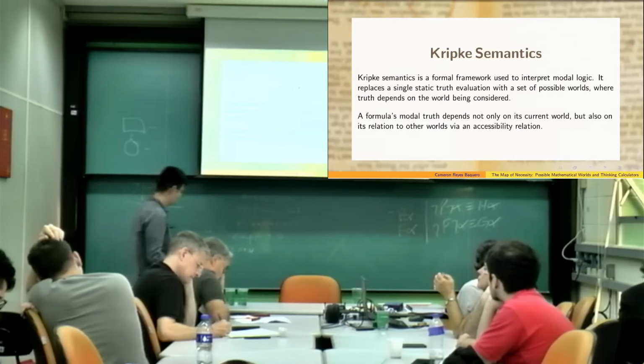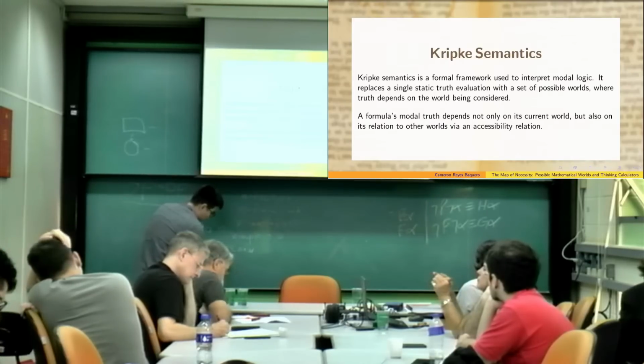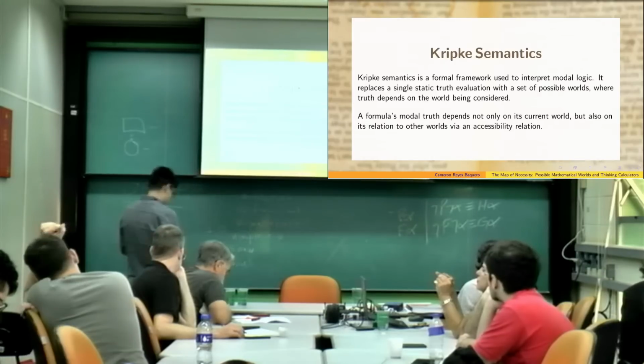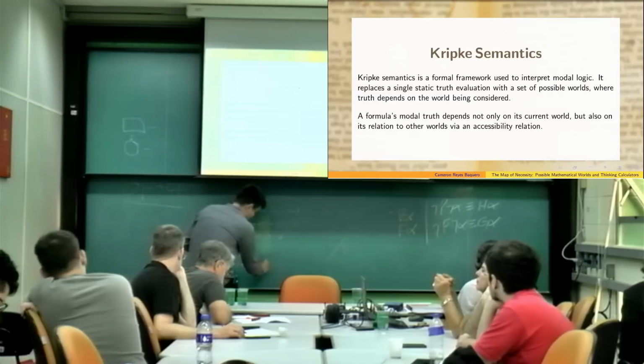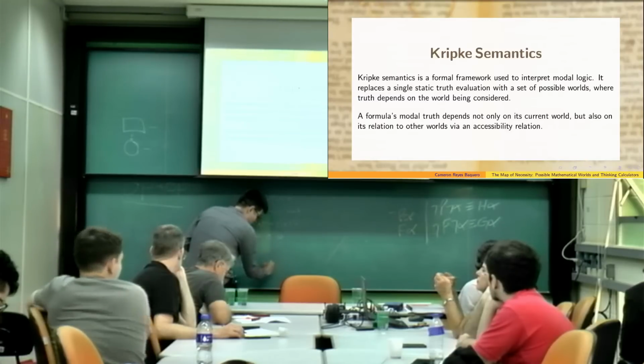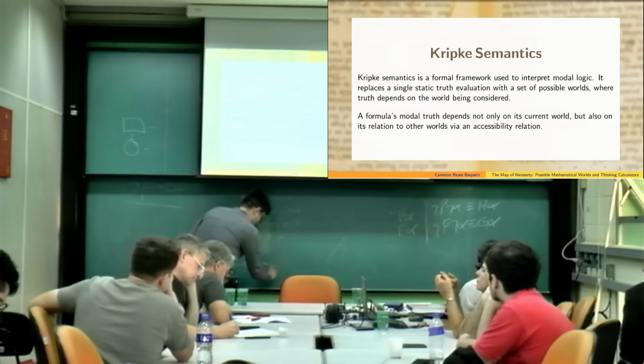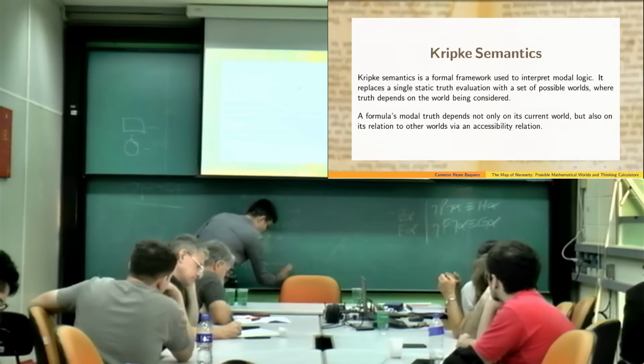We take any given world, for example Wi, contained in this set, and Wj. What we're going to have here is Wi, the accessibility relation R, Wj.